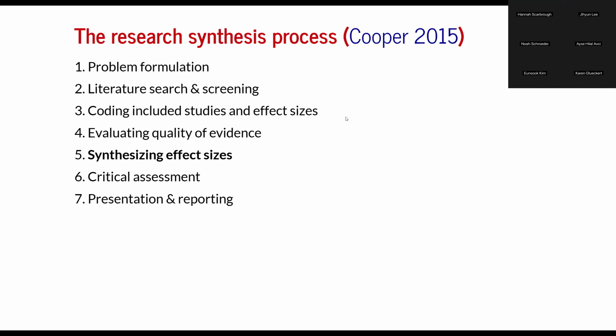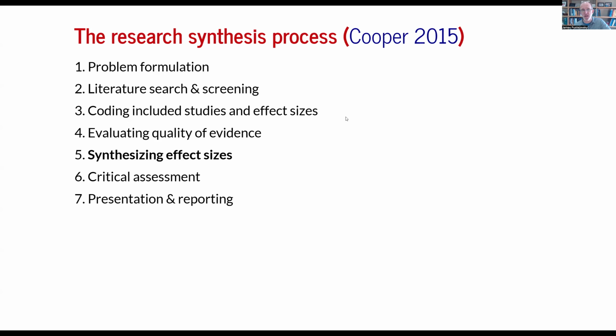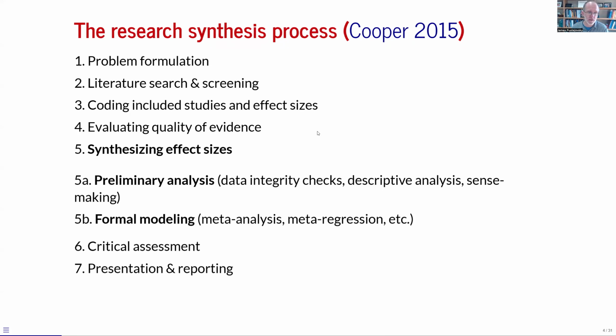And there's, of course, a ton written about this. Many textbooks and articles are focused just on this stage of the research synthesis process. But there's actually several things that happen in this stage. One way of characterizing them is to say, right, we start with doing, presumably, a preliminary analysis of the data that we have put so much effort into culling from the literature.